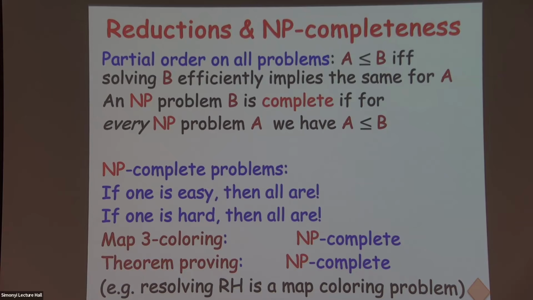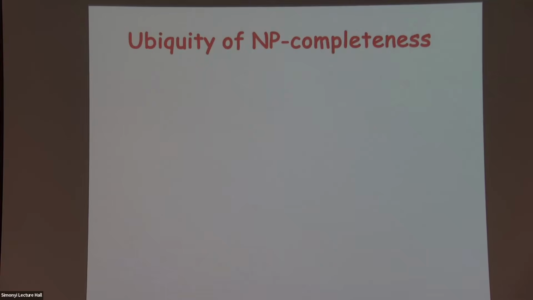Then maybe you prefer coloring maps to doing analytic number theory. Anyway, such translations exist. What is interesting is that it looks like they have very particular properties to be the hardest. But in fact, it's ubiquitous. It's all over the map.